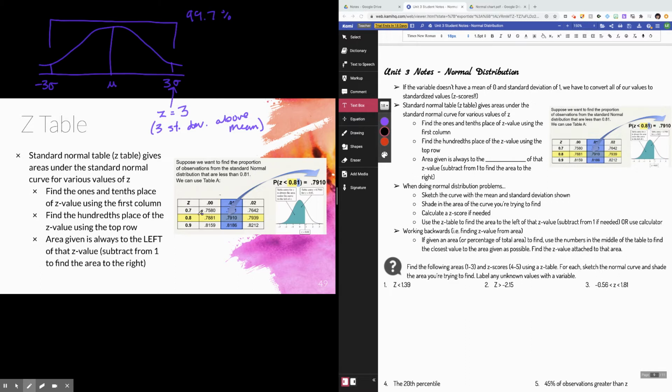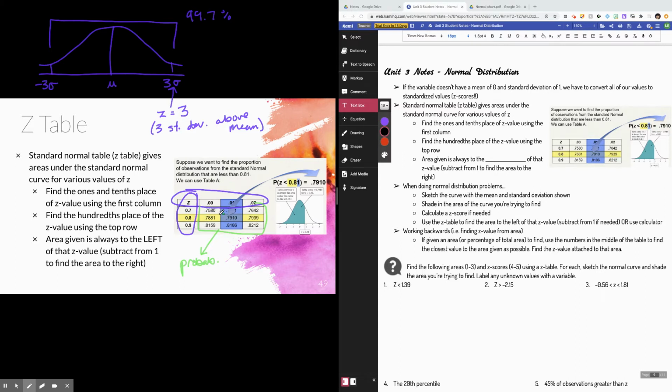On the outskirts of the z table, you have z values, and in the middle you have probabilities. Those are the probabilities that you would get a z value less than the particular z value you're looking at.